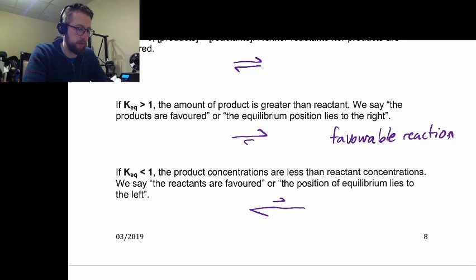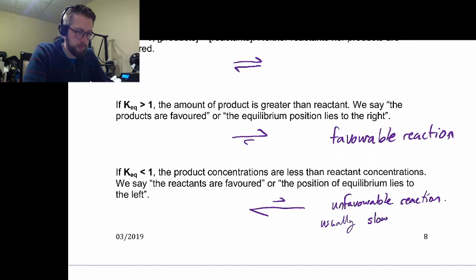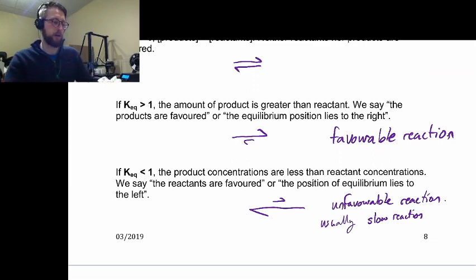This means an unfavorable reaction, usually a slow reaction. There are lots of uses for unfavorable reactions.